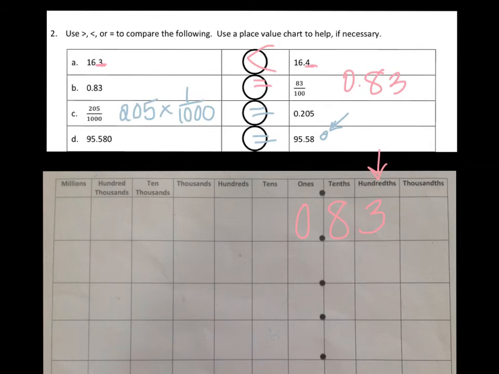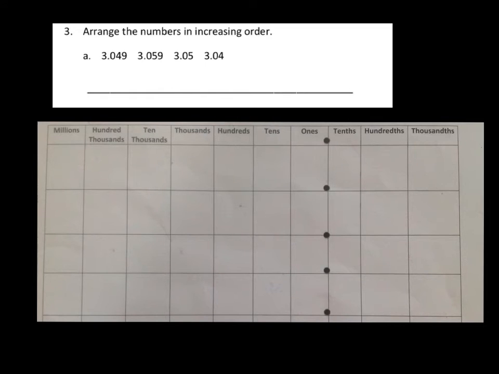Alright, let's look at problem number 3. It says arrange the numbers in increasing order. So that means we're going from lowest to highest. And I'm going to be writing each of those numbers out.